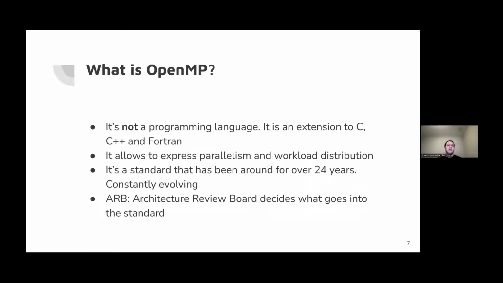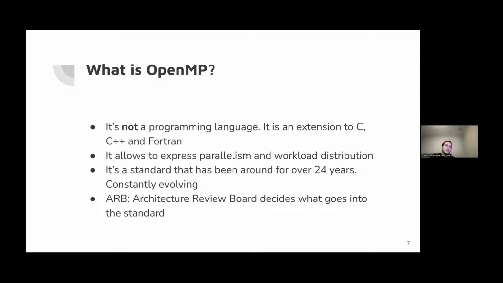We have Intel, national laboratories like Argonne, AMD, Cray, NVIDIA, you name it. Based on the needs of the applications and the experiences of each of these participants, they want to make sure that the standard has the capacity to express the different programs and the different parallelism schemes that users want.